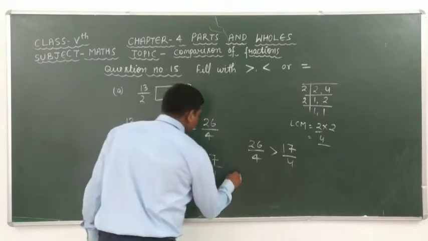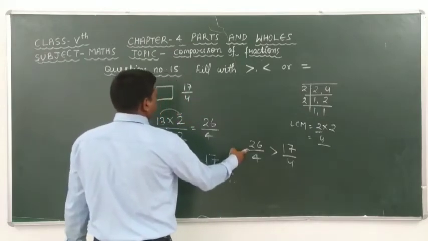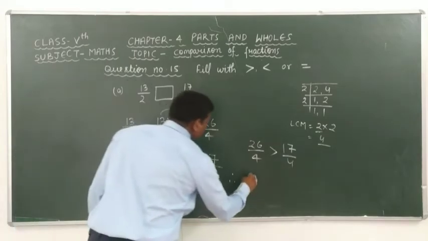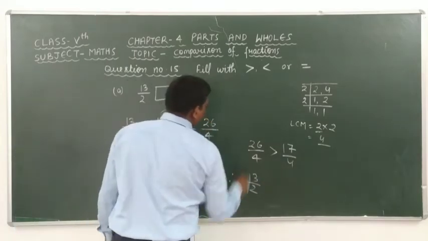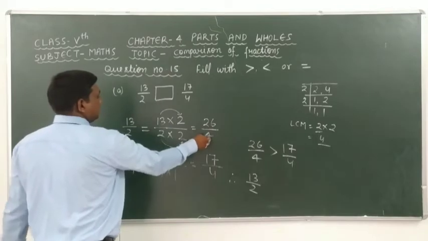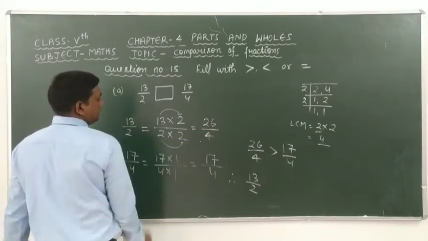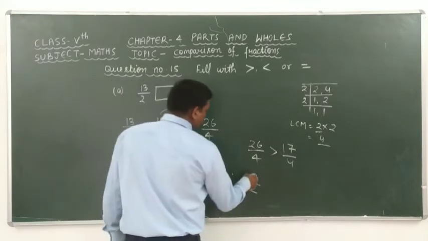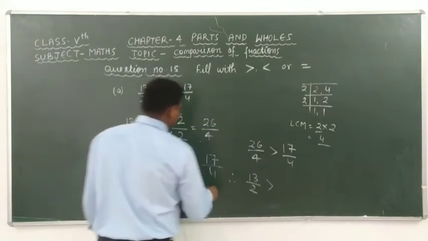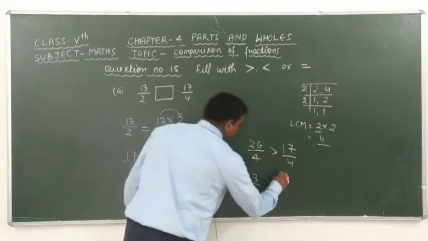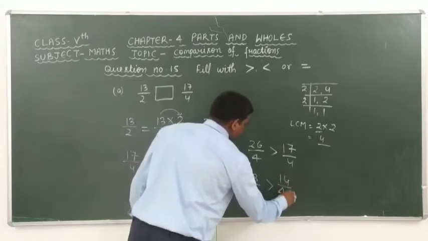Therefore here we have to take 13 over 2 in place of 26 over 4, because this is an equivalent fraction. Understand? Therefore 13 over 2 is greater than 17 over 4.